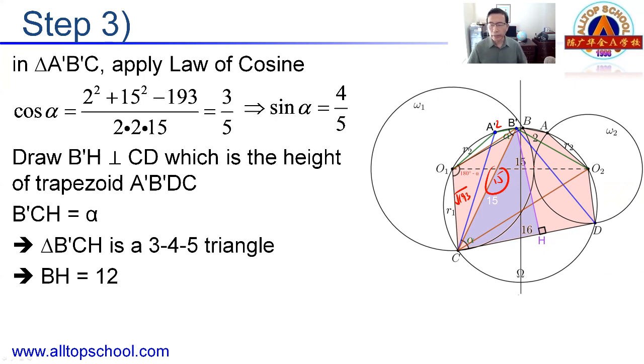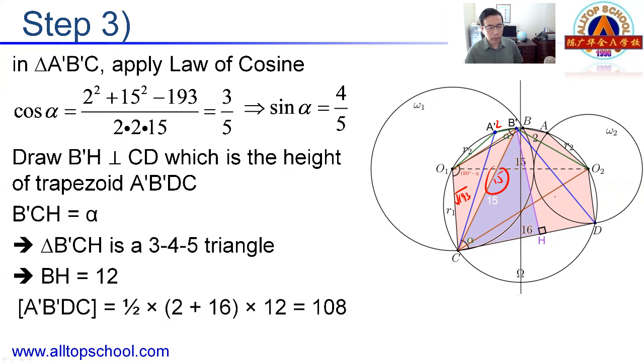Even though we don't really need to do it this way for this cosine alpha, that's double use. We just calculate this cosine alpha, and then find the height of this trapezoid. So for the trapezoid, the top base is 2, the bottom base is 16, the height is 12.